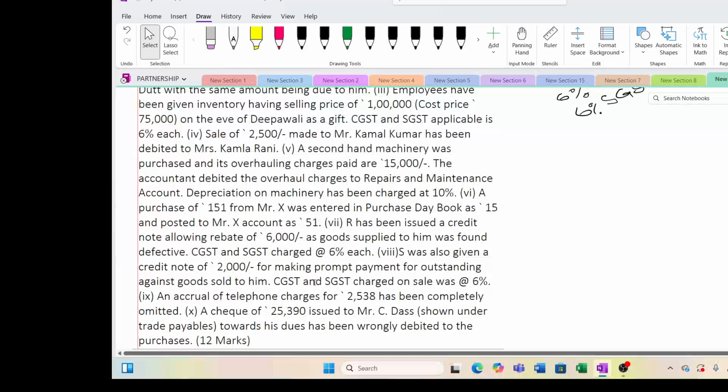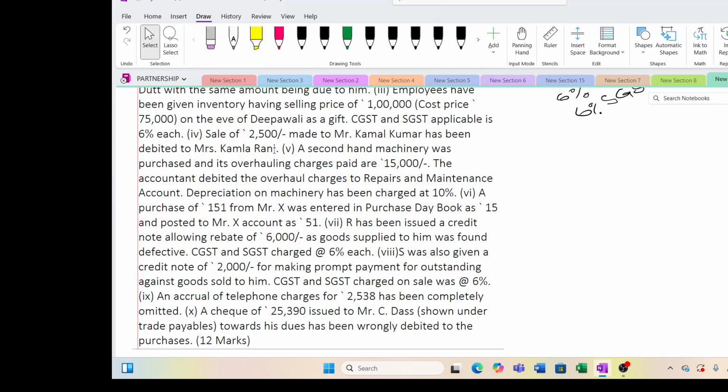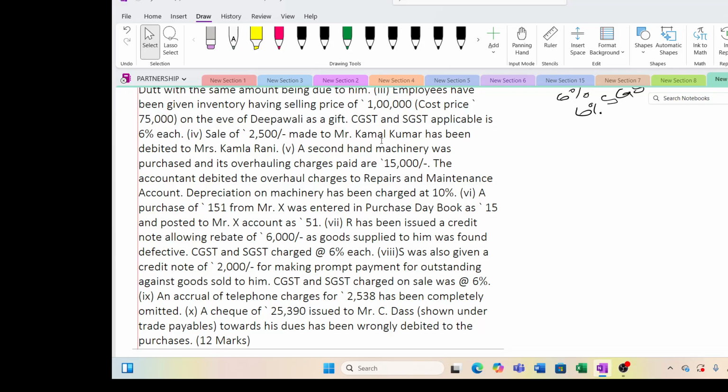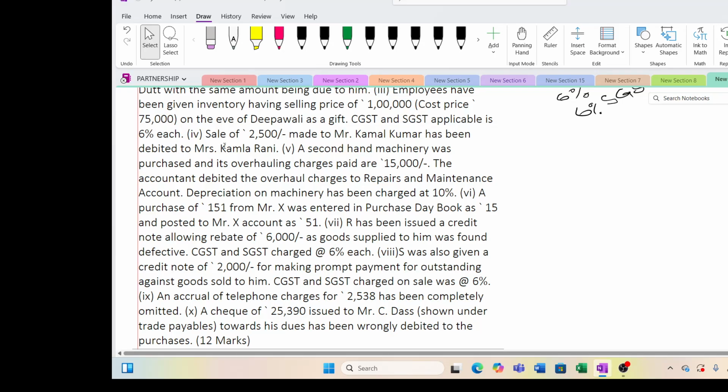Next one is a sale of 2,500 made to Kamal Kumar has been debited to Kamala Rani. This is a mistake. Okay. So we have to do the rectification of the error. Sale is made to Kamal Kumar. Whenever you make a sale on credit, the person has to be debited. Kamal Kumar has to be debited. What have they done? They have debited Kamala Rani.